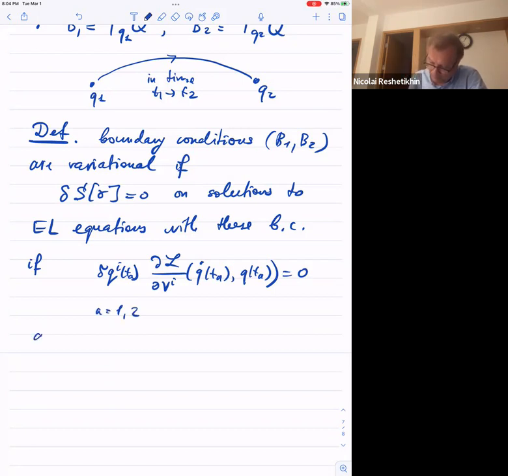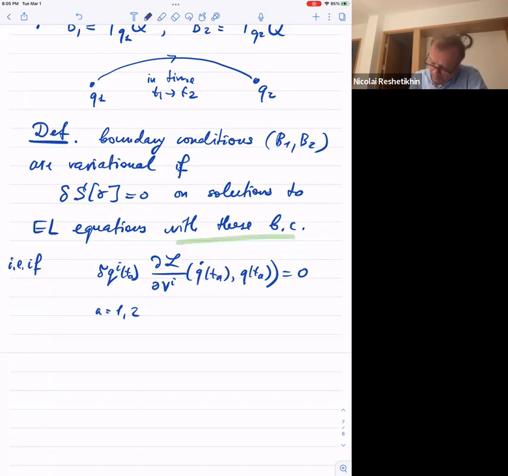So, what does it mean with these boundary conditions?